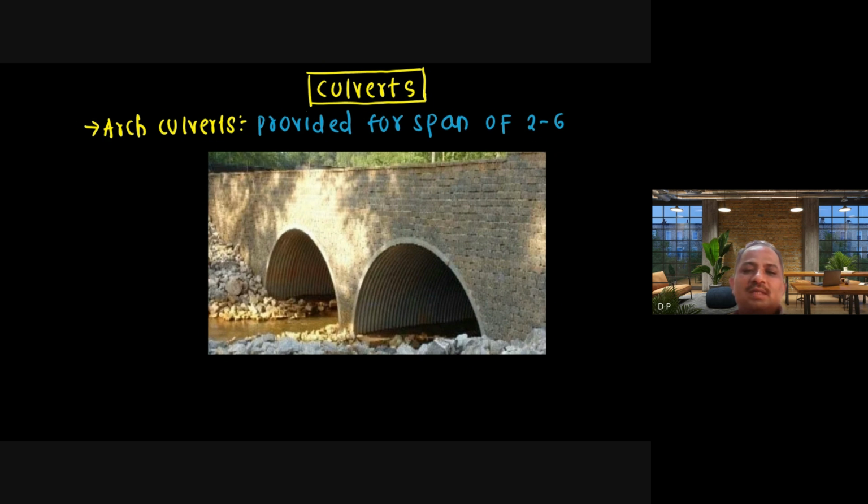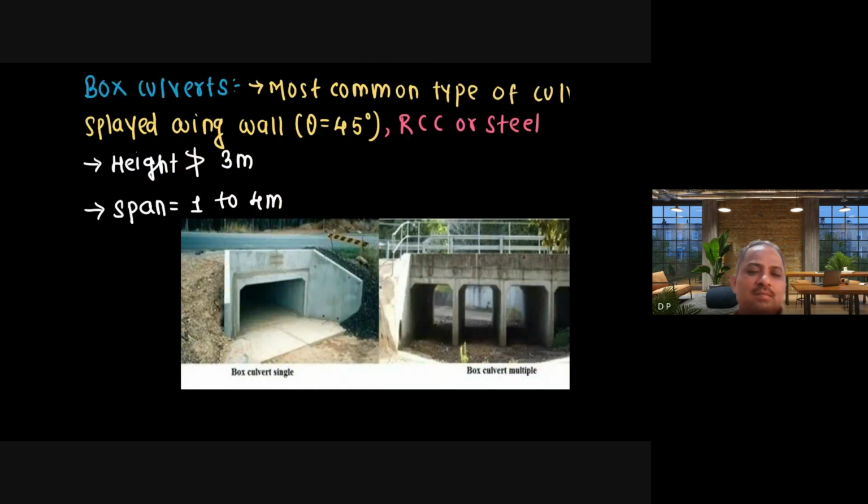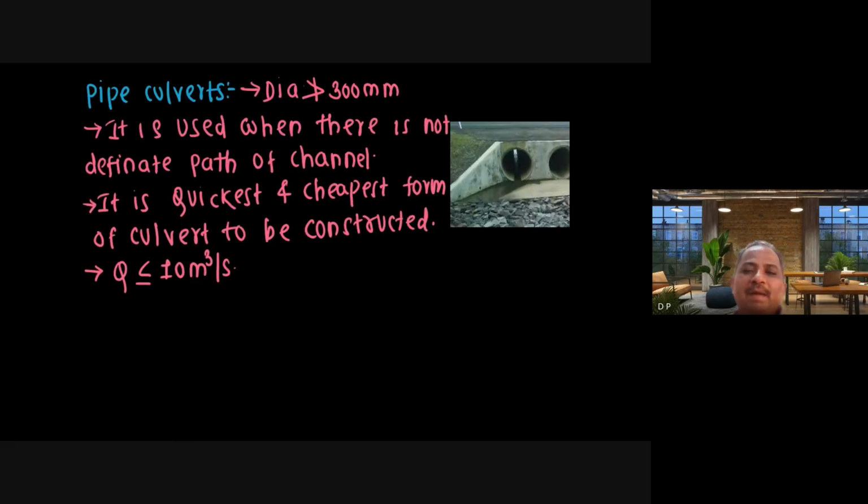Arch culverts, box culverts. So depending upon the shape, you can see different types of culverts. Pipe culverts. So pipe culverts are of circular section.